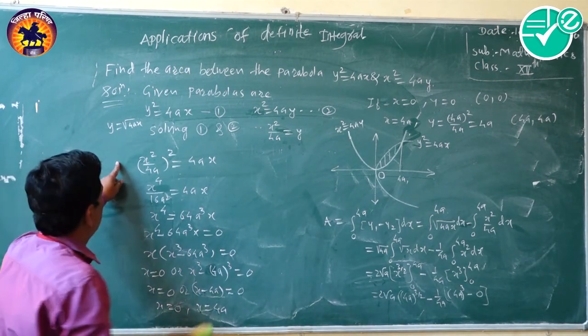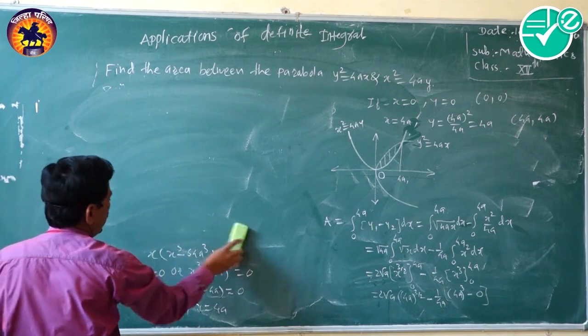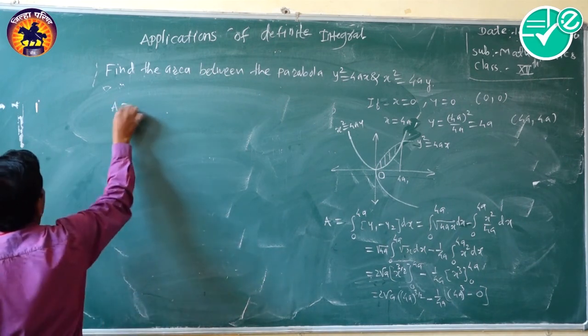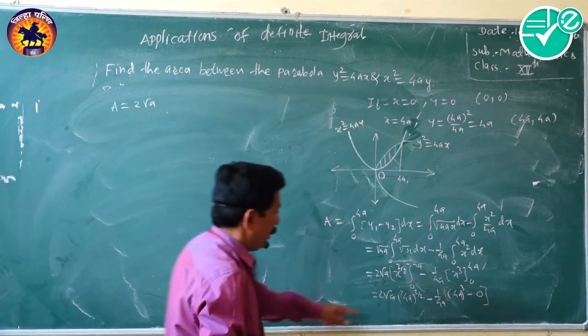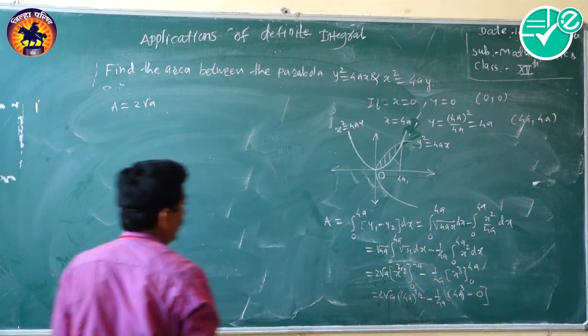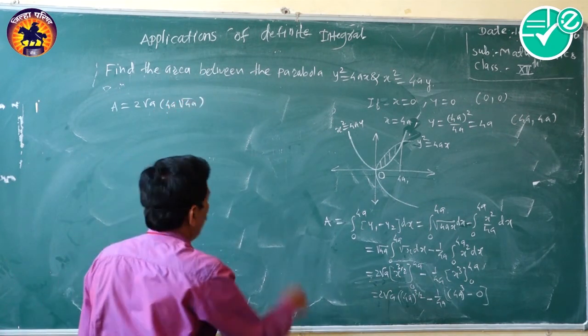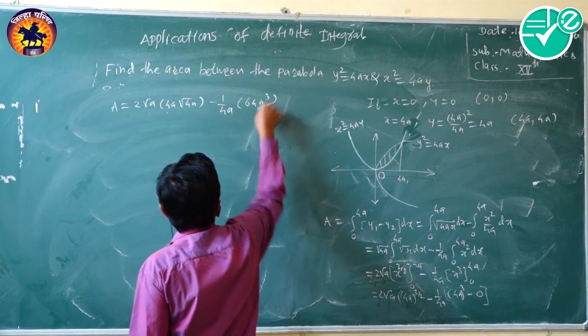Okay. Now erasing this side, this is equals to 2 root a into 4a into root 4a minus 1 by 4a into 64a cube.